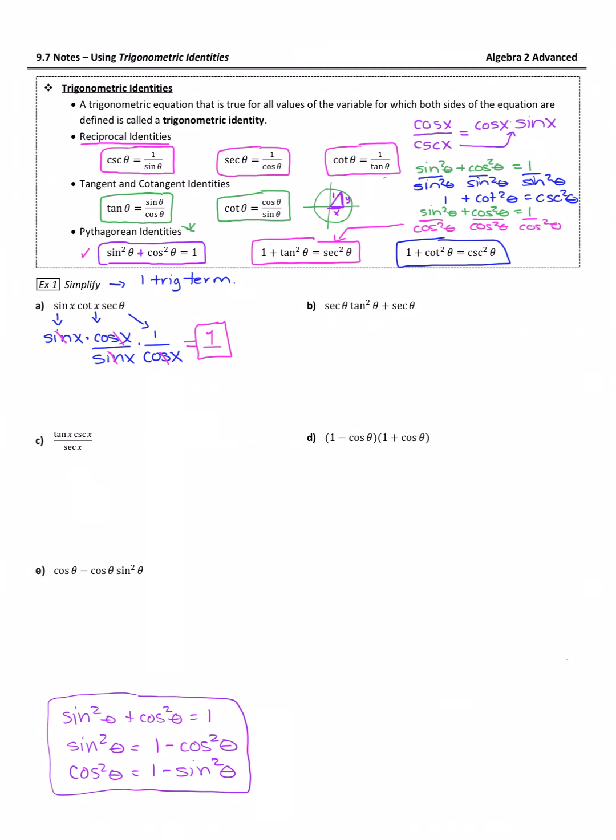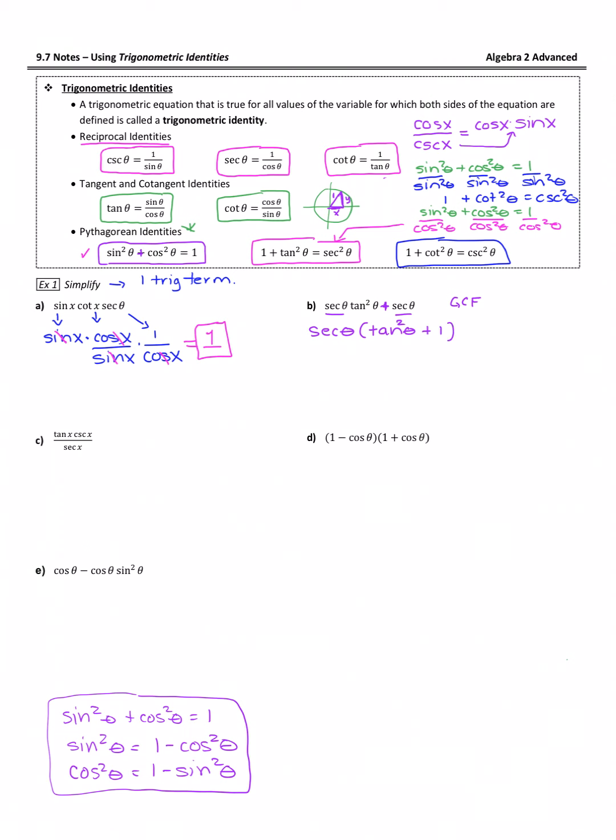Another common strategy, especially when you have two terms, so we have something plus something, and notice that you have a common trig in both terms. So what I would do is factor out your common factor, which is secant. That's going to leave me with tangent squared theta plus 1, your placeholder.